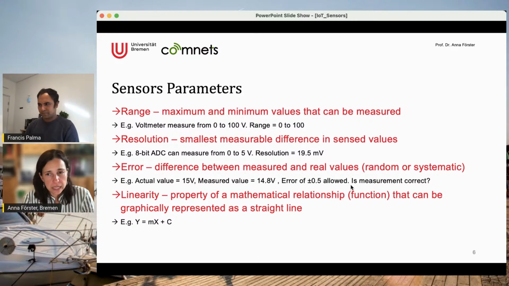Linearity means that there is a mathematical linear relationship between the different measurements. So, for example, in the error, let's say if the error is the same for lower temperature and higher temperature, then obviously it's kind of a linear relationship, right?